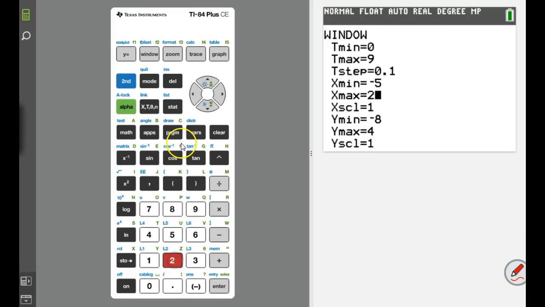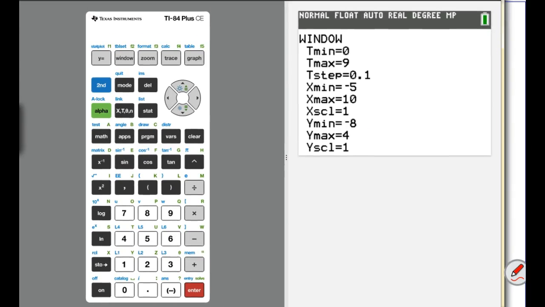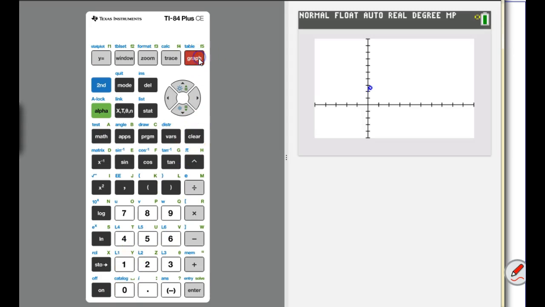I'm going to just go out to like 10 here. I'm just going to make them both -5 to 10. Does that look like what it's doing? Okay, so it's just a little piece of a parabola this time.